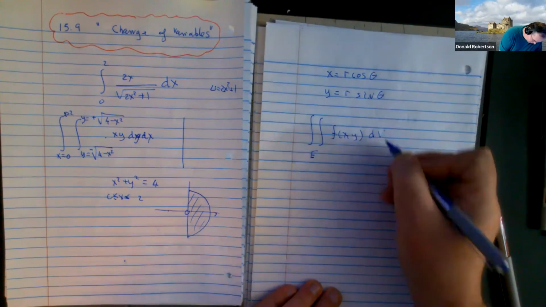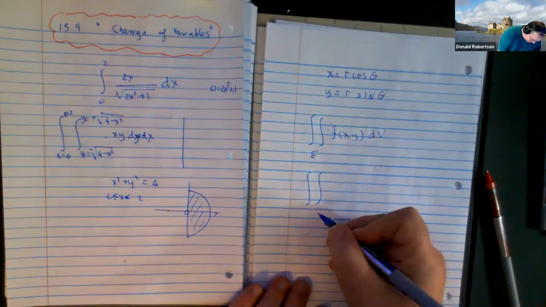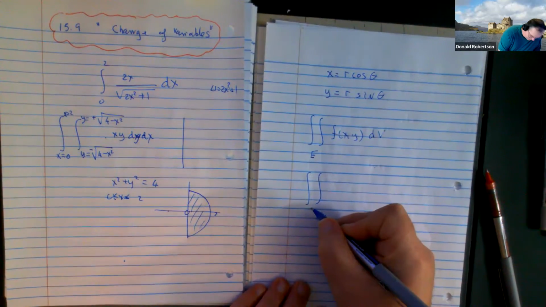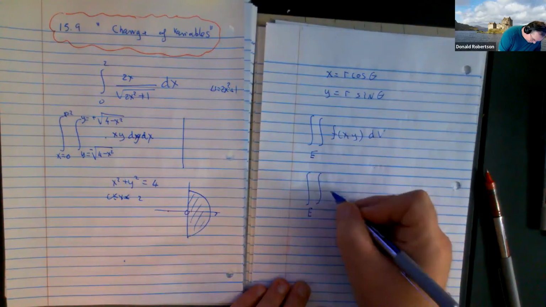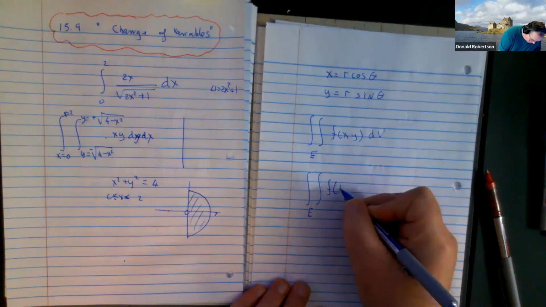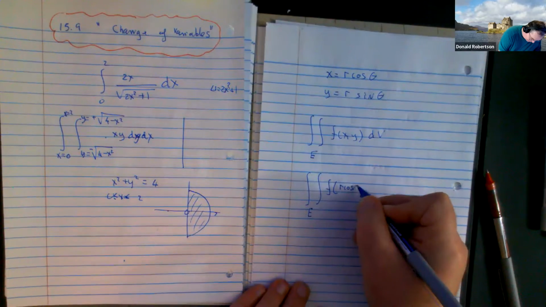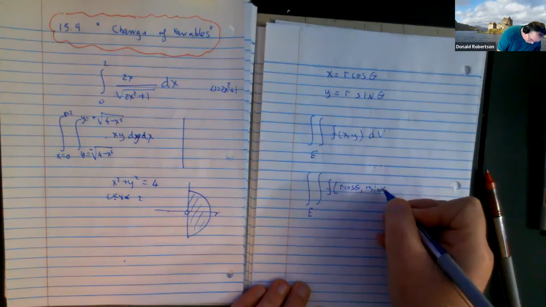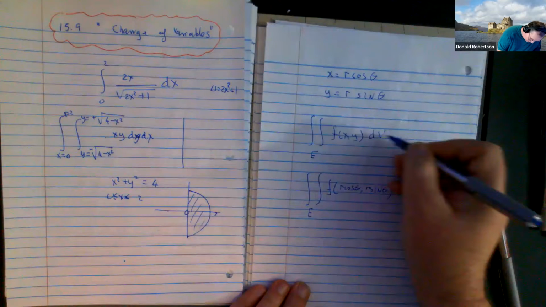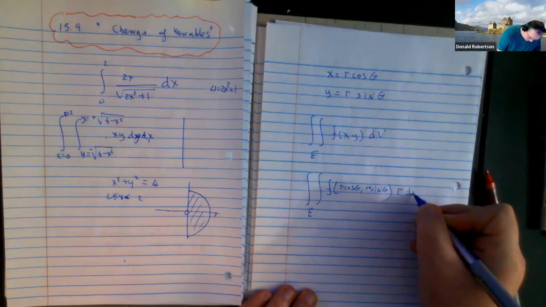Well, it would become a new region. It's basically the same region, but described in a different way. Instead of x's and y's, you would use r cos theta, r sin theta. And instead of dv, wouldn't you use r dr d theta?